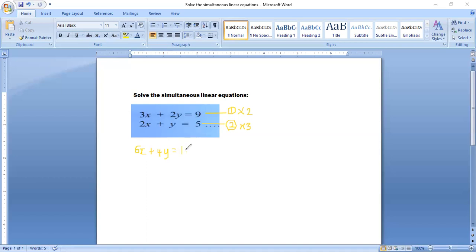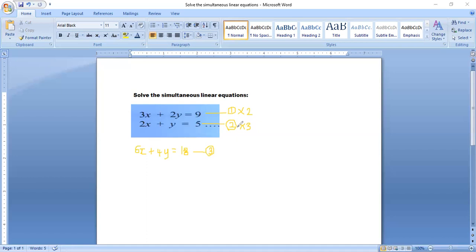So guys, we have formed a new equation, and we're going to label that equation 3. Good? So what we've done is to multiply everything in equation 1 by 2.